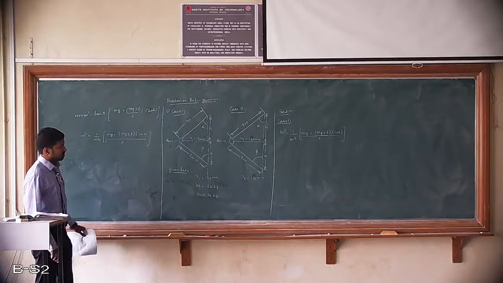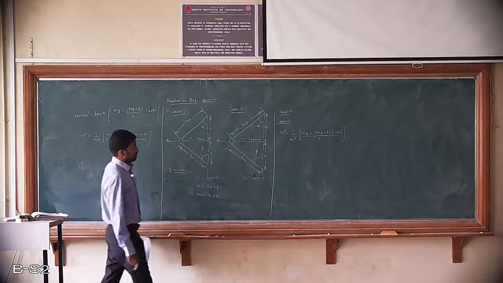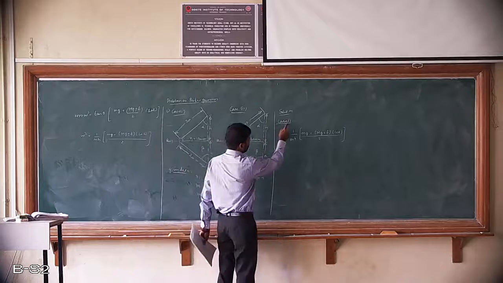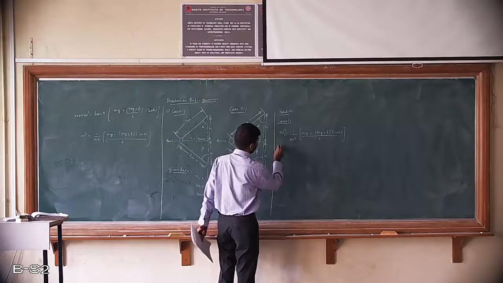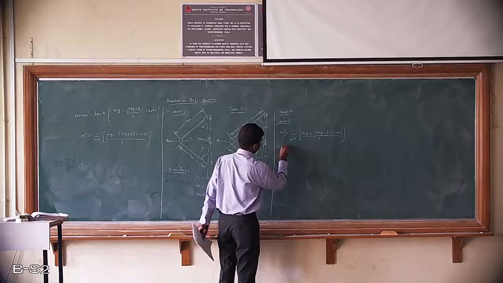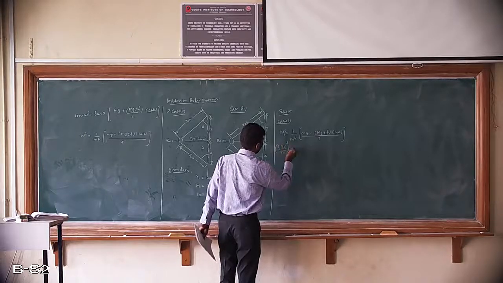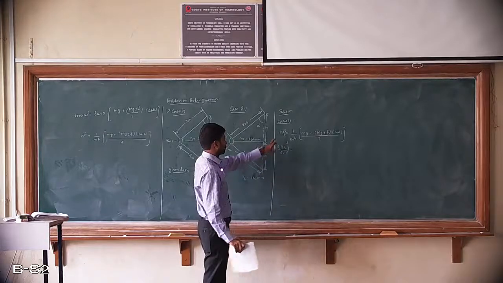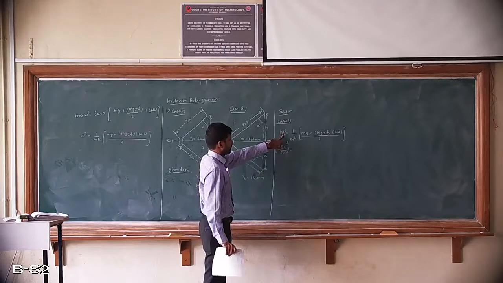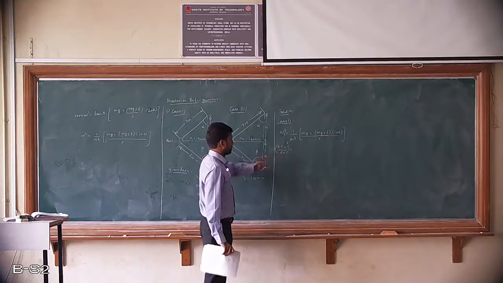So in this equation, first understand what are the data which are missing. As it is case 1, I will call this as omega 1 square. I can write omega as 2 pi n divided by 60, and for case 1 I will mark it as omega 1, which becomes 2 pi n1 divided by 60.